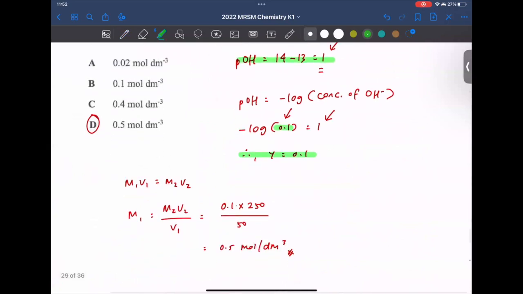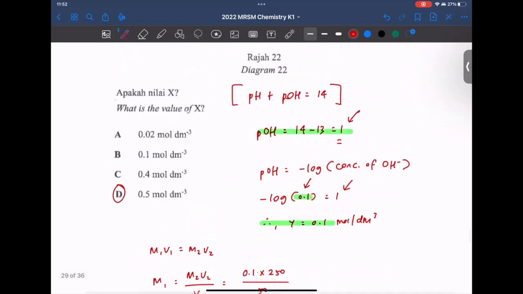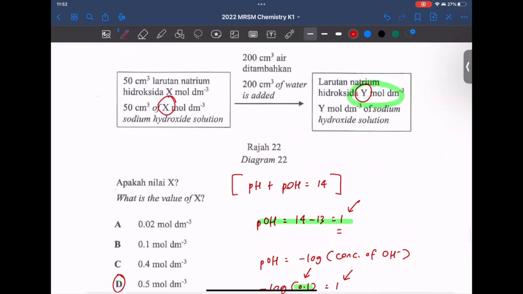Once we get 0.1, life will be so much easier. Y is now 0.1 mole per dm cube, so using the formula M1V1 equals M2V2, we'll be able to get the value of X.